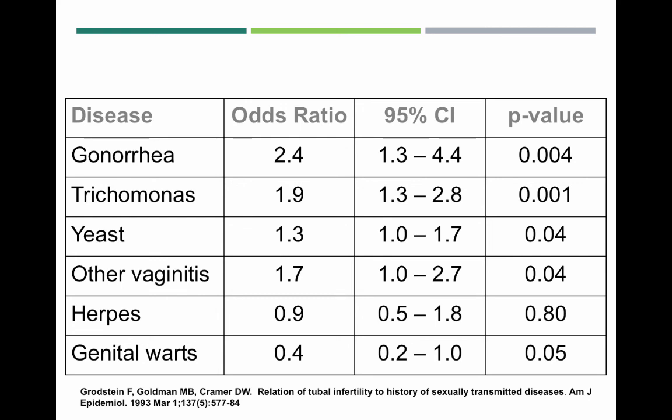And so the p-value is less than 0.05, meaning there is less than a 5% chance that the relationship is due to chance alone. So you can see that the relationship between herpes and infertility does contain 1. The confidence interval does contain 1. And in that case, the p-value is also greater than 0.05, which makes sense. So if the confidence interval is not statistically significant, the p-value should be greater than 0.05 and also not statistically significant.